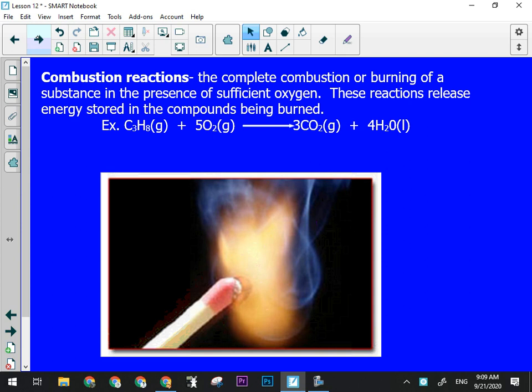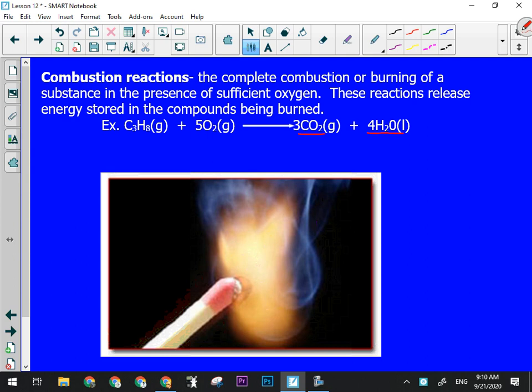A combustion reaction always produces carbon dioxide and water. It doesn't matter what's being burned. This morning we looked at the octane one, which is C8, and at the burning of glucose, C6H12O6. But it doesn't matter what's burning, your products are always carbon dioxide and water. Always.